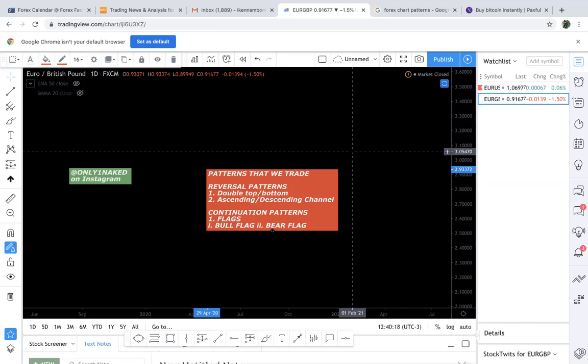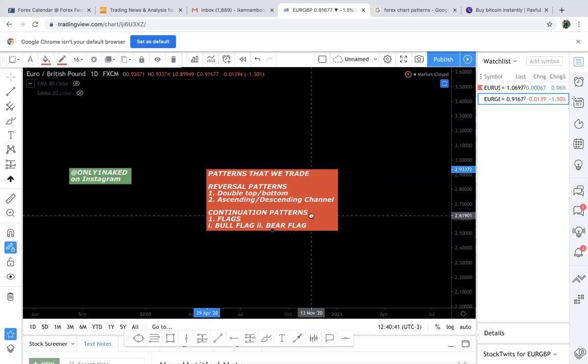In a downtrend, we'll be looking for a double bottom for a reversal. If we are not getting that, we'll be getting an ascending channel or a descending channel. Those are the reversal patterns. For the continuation pattern, we have a lot of them online, but we focus on one alone, which is the flag. We have two types of flag, the bull flag and the bear flag.